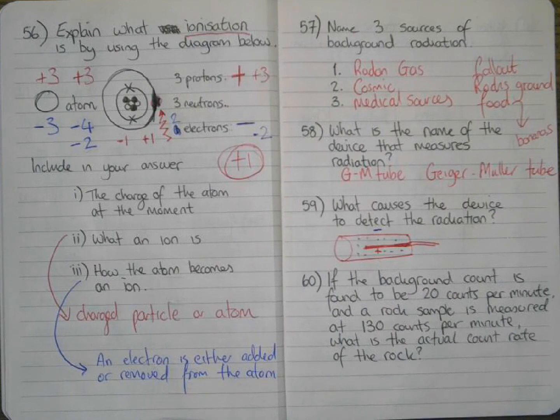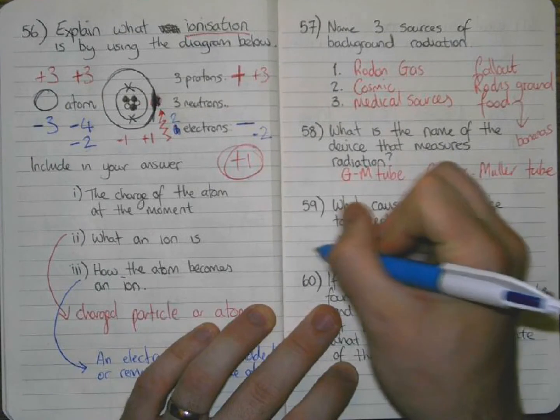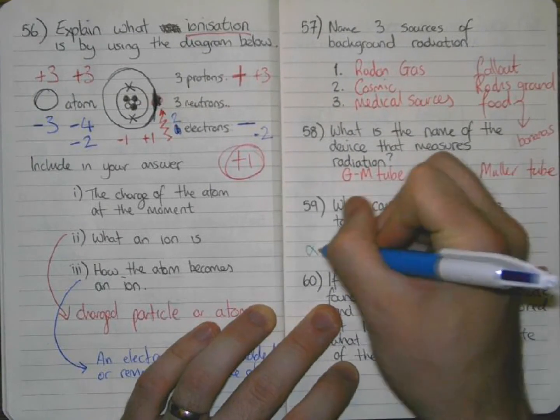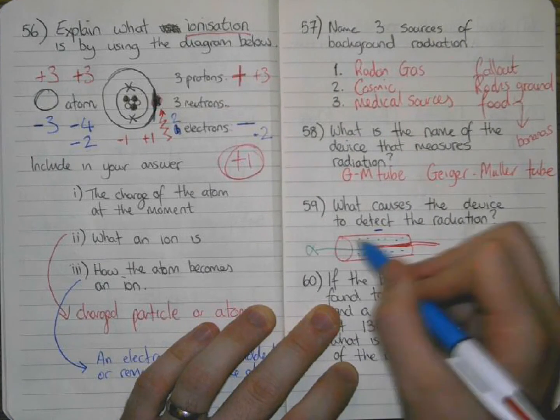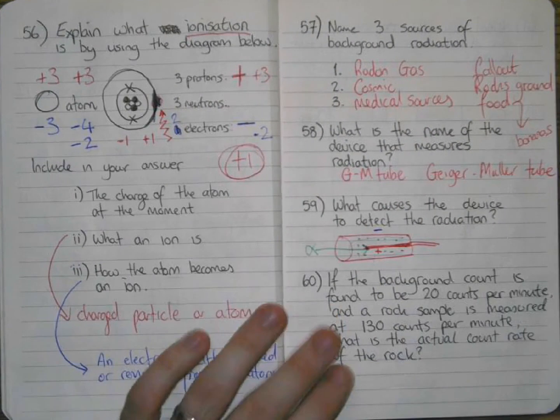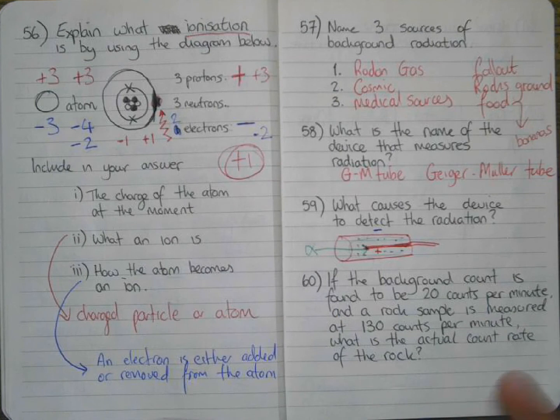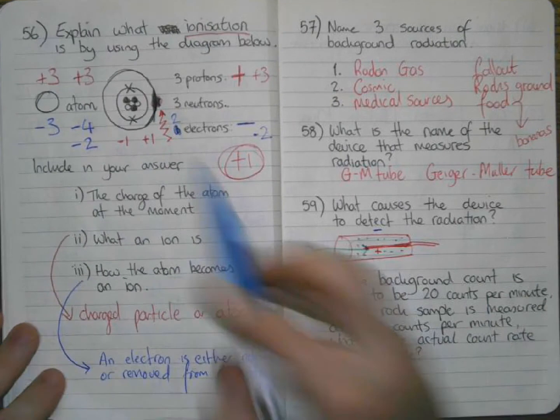Let's use green. So there's my alpha particle. When it goes into the tube, it actually ionizes the gas. So it causes the gas to have a charge. Just as we talked about here.